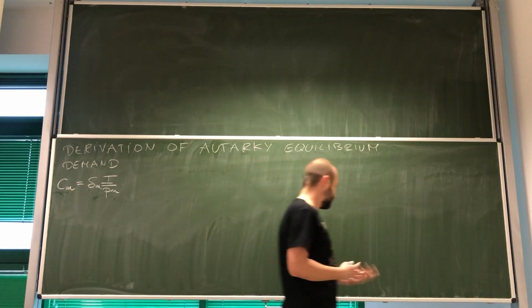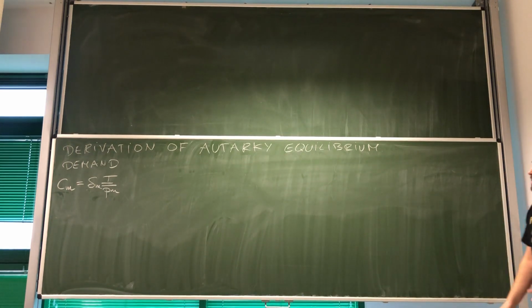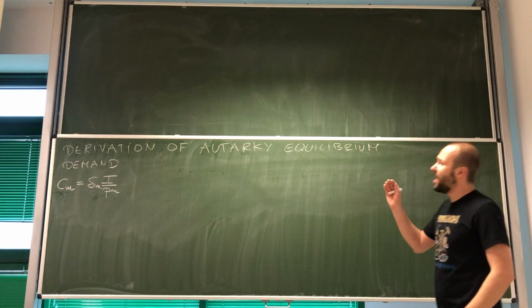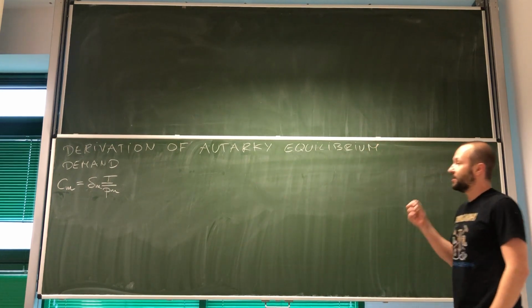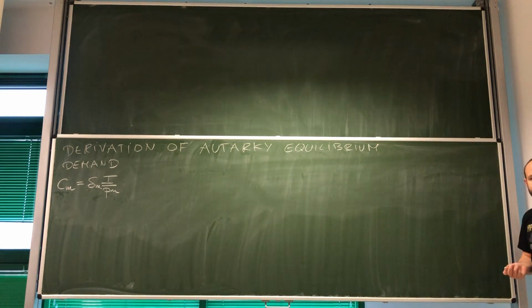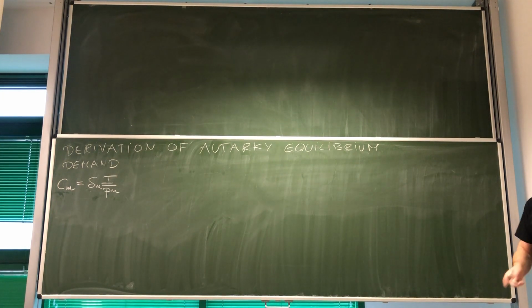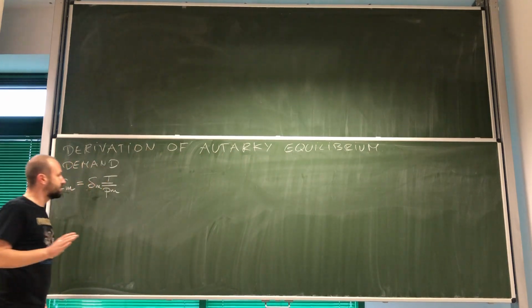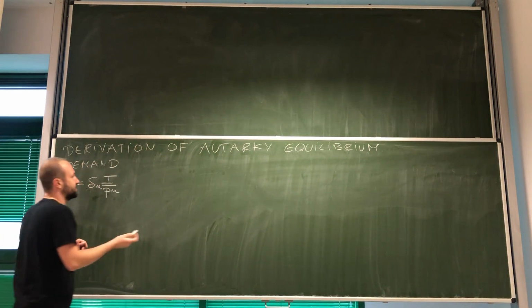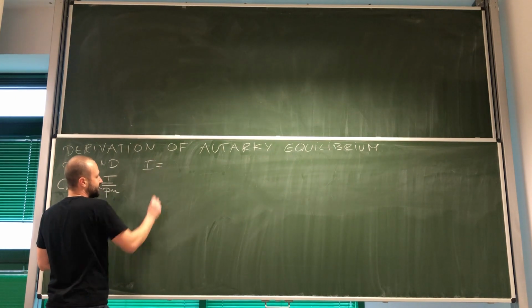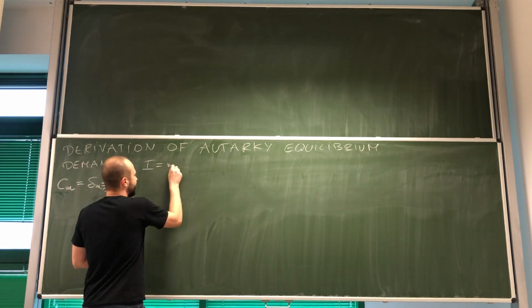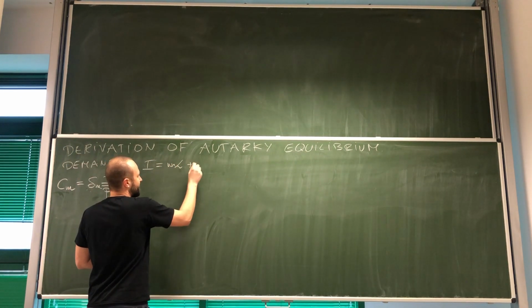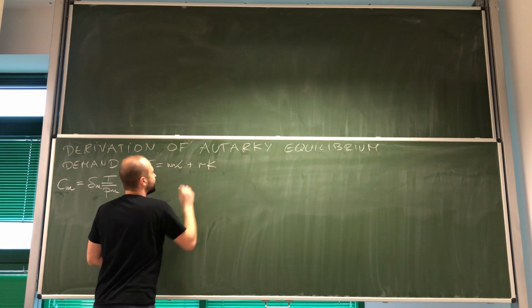But more insightful for us is going to be expressing demand in terms of the wage to rent ratio. And look, we can do this quite easily, taking into consideration a couple of steps. First, the income in this economy is given as wage times labor plus rent times capital.